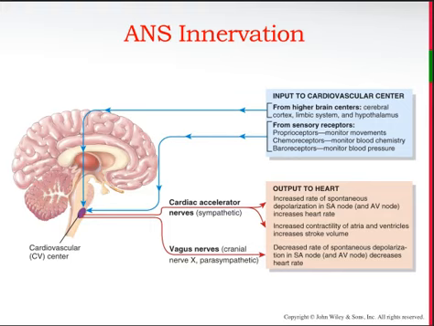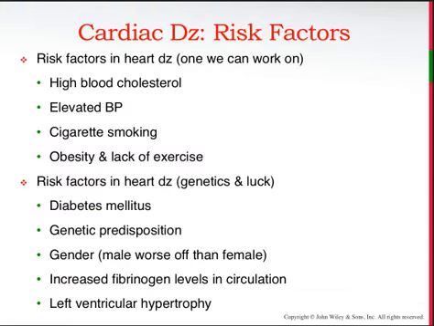We're going to see a decrease in heart rate and strength of contraction. The left and right vagal nerves continue on to the abdomen and innervate structures there. So we really have a very complete autonomic fine-tuning, and the goal is homeostasis.